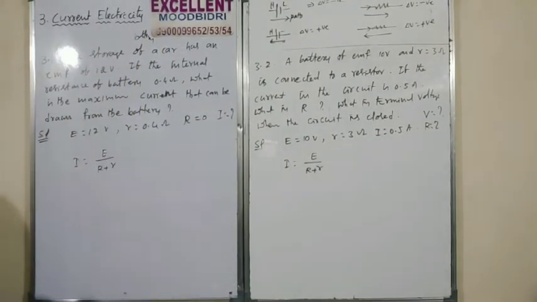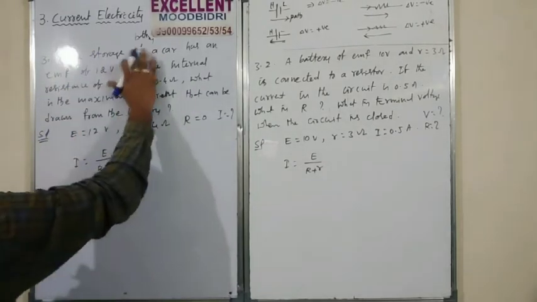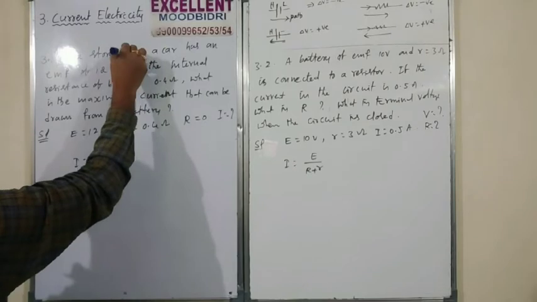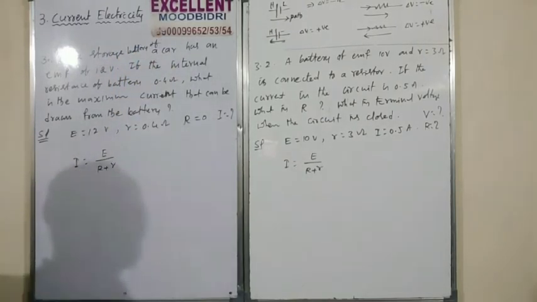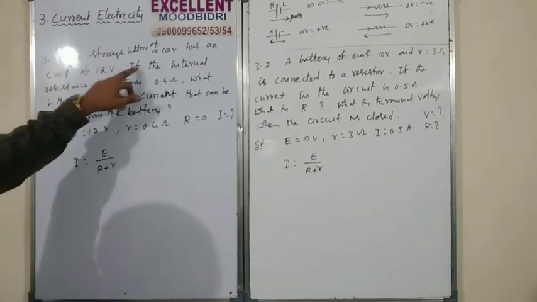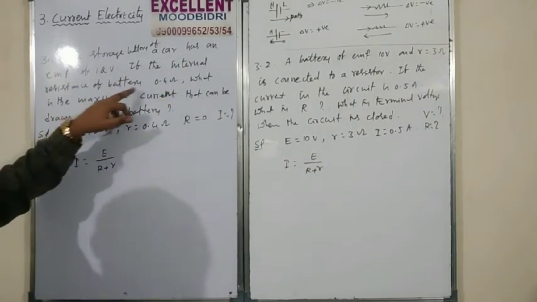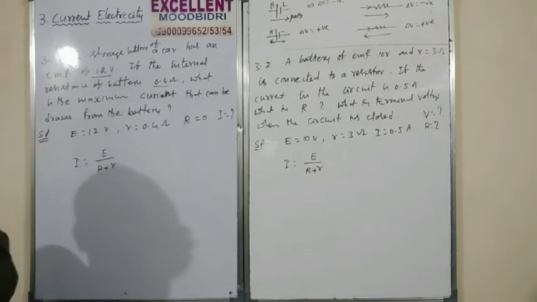The storage battery of a car has an EMF of 12 volts. If the internal resistance of the battery is 0.4 ohms, what is the maximum current that can be drawn from the battery?